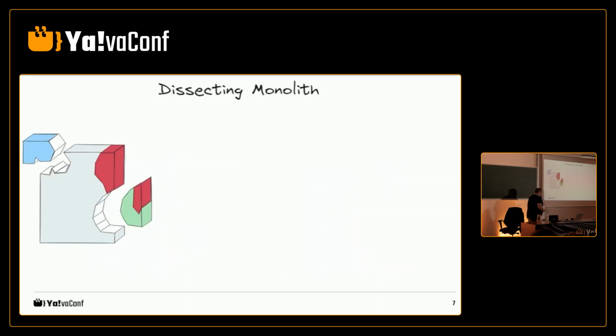But what usually happens at this time is that you have some domains which are just a little bit touching each other, right? I have some part of the domain in one microservice, but I'm still using something from the other microservice. This is when the whole trouble comes, because now we have a few options. We can just combine them. Easy peasy.